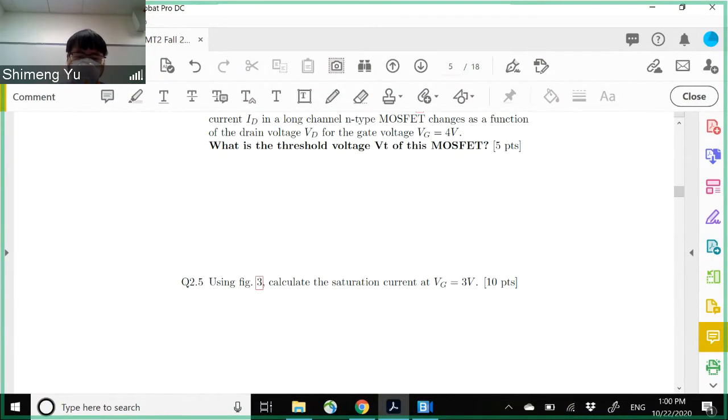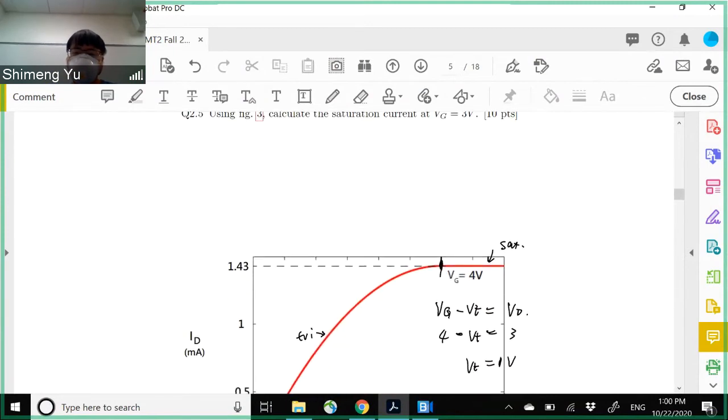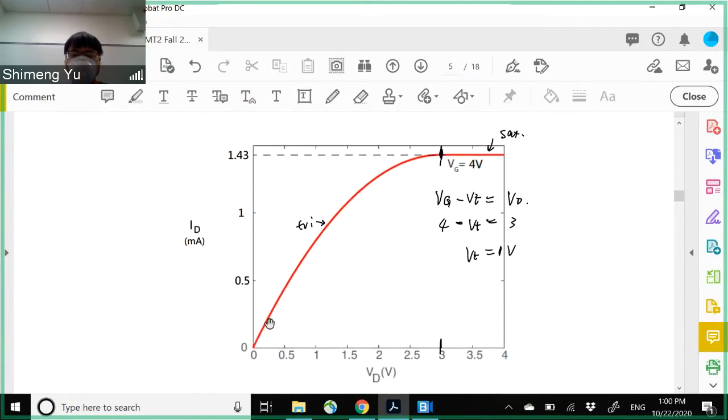Then the last question here: calculate the saturation current at Vg equals 3 volts. In this plot, we show Vg equals 4 volts. But now we want to determine the saturation current when the Vg becomes 3 volts. So basically, you may draw another curve.